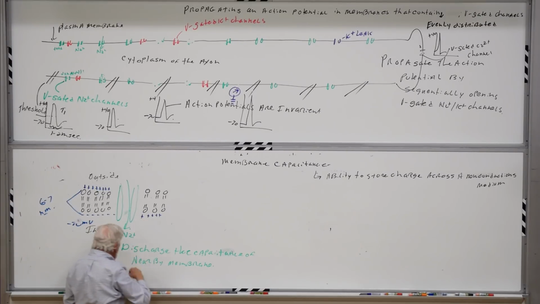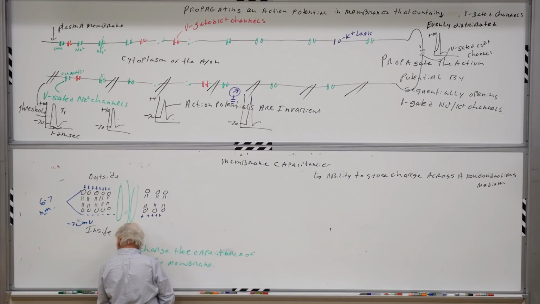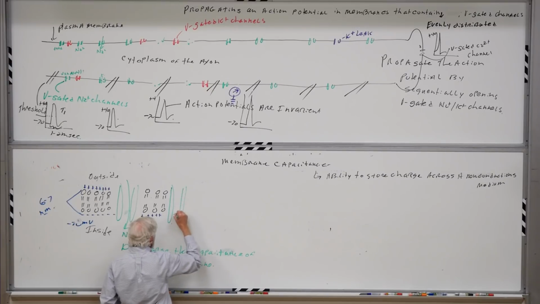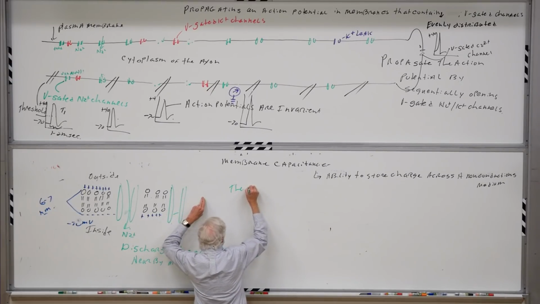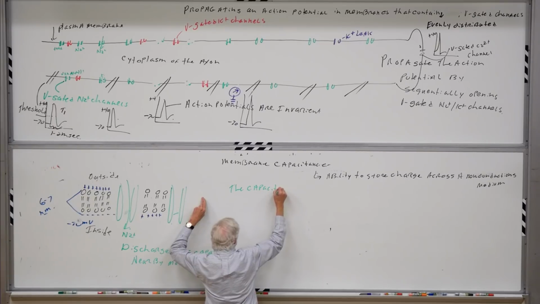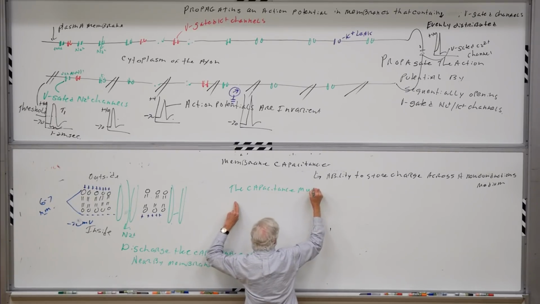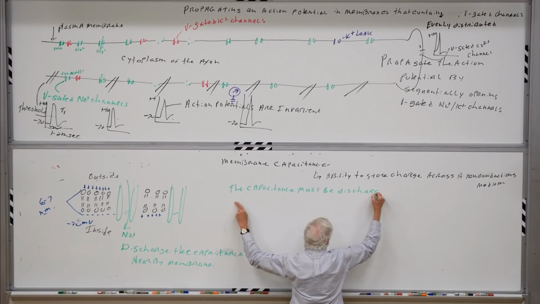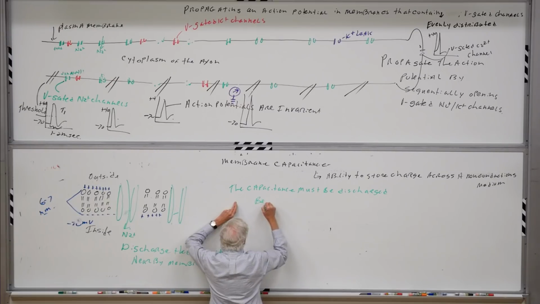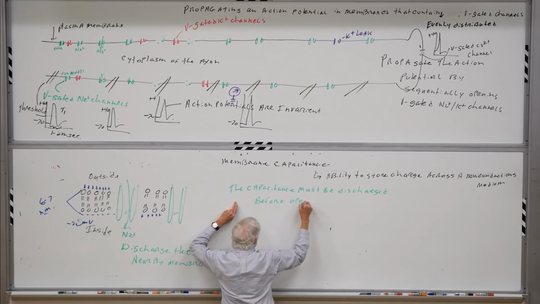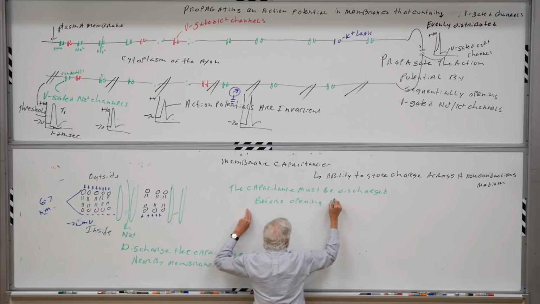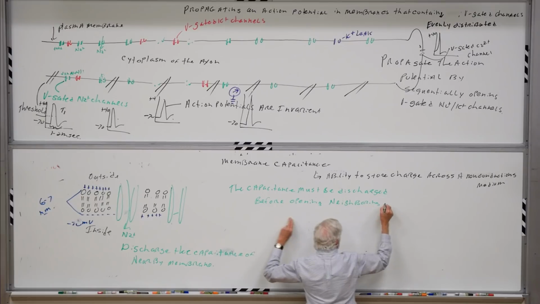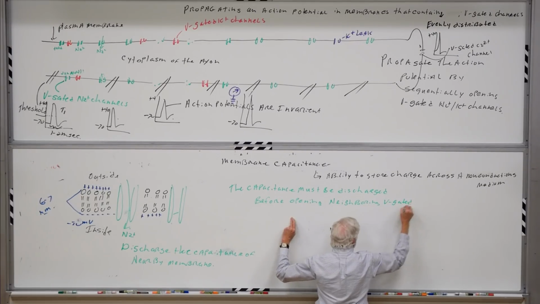That offset is required before we reach the next voltage-gated channel, because the capacitance must be discharged before opening neighboring voltage-gated channels.